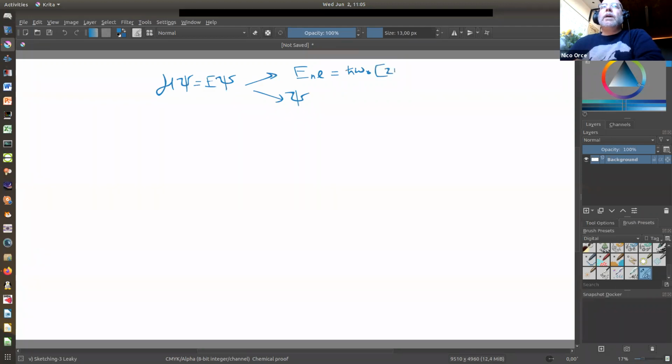And this was 2n plus L plus 3/2, which is for the 3D case, which is always the case. All right.